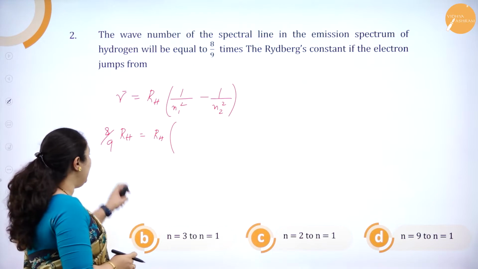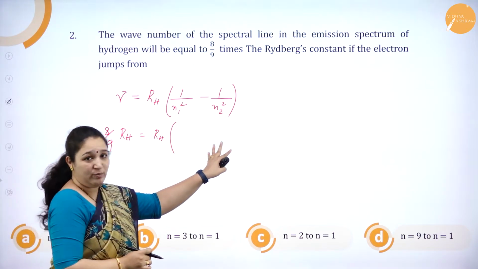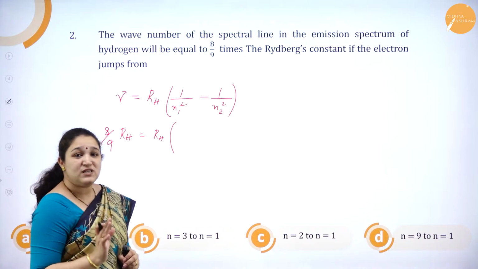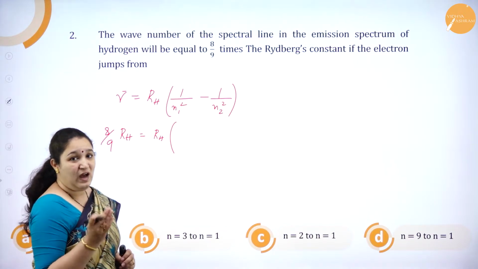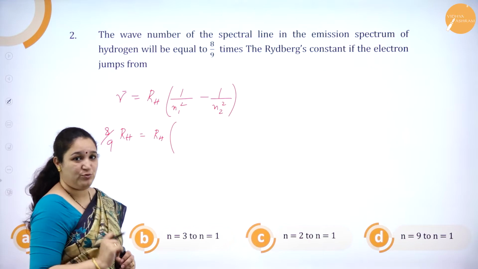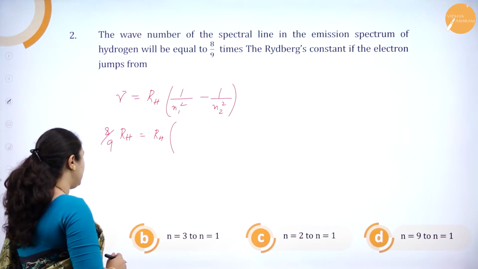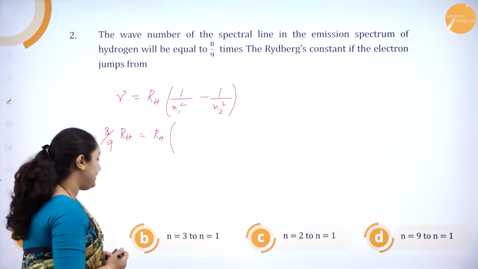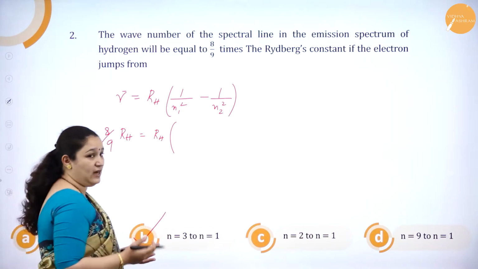So 9 should come as a denominator which is common for both after squaring. Which value gives 9 after squaring? It should be 3. So which is the option which has 3? Option B.